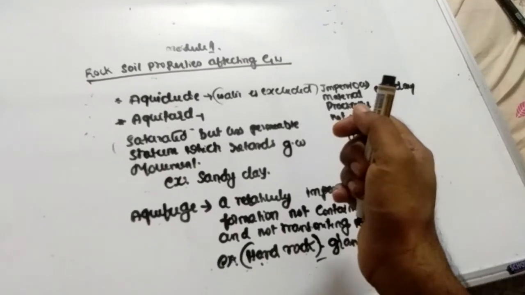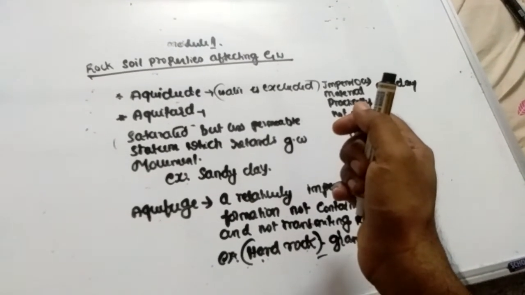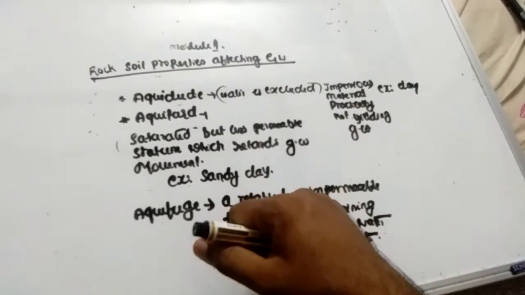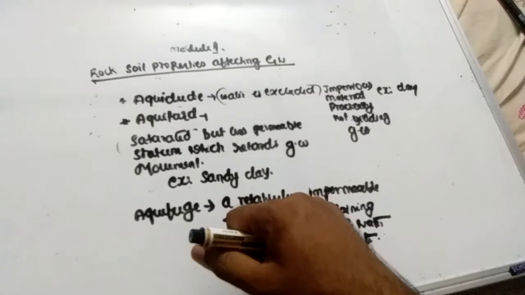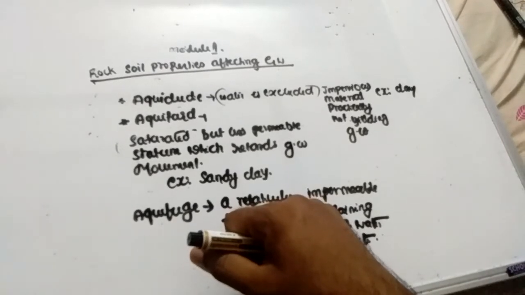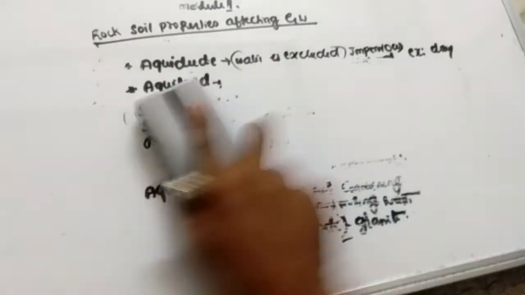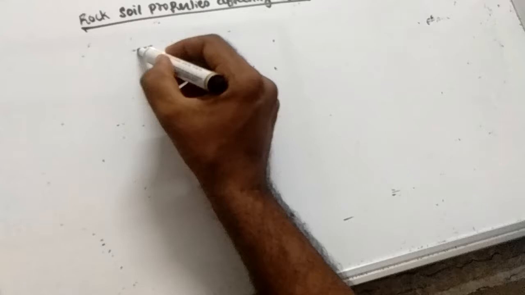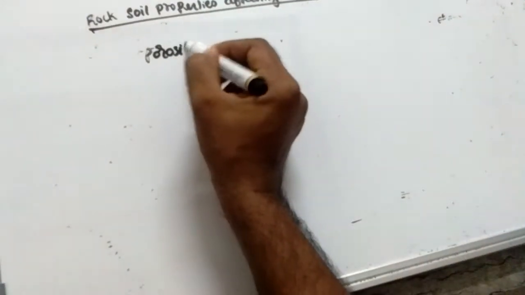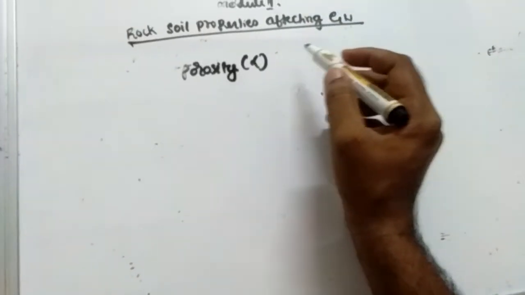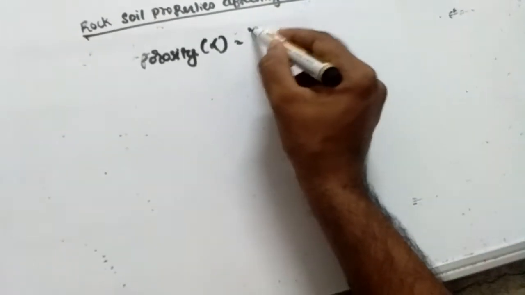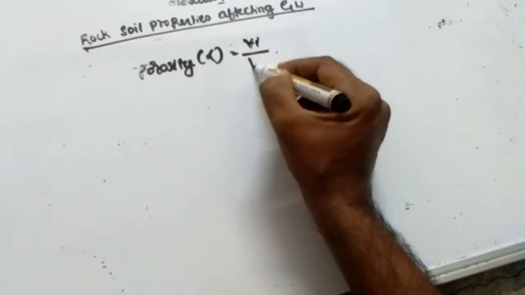Now the most important property of rock or soil is known as porosity. Porosity, denoted as alpha, is the volume of interspaces divided by total volume.